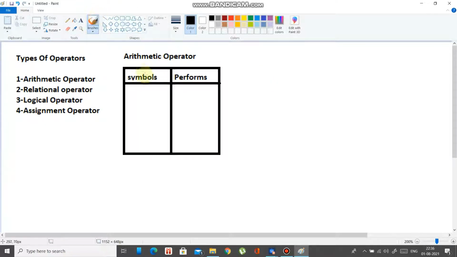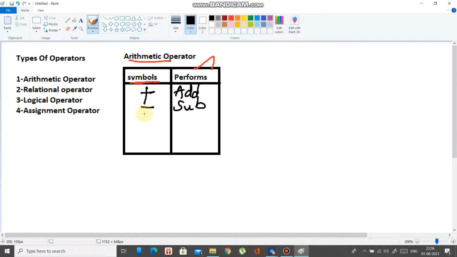The first one is the symbols for the arithmetic operators, and the second one is what tasks it will perform when we use those symbols. The first symbol is addition, the plus symbol. The next is minus, subtraction.